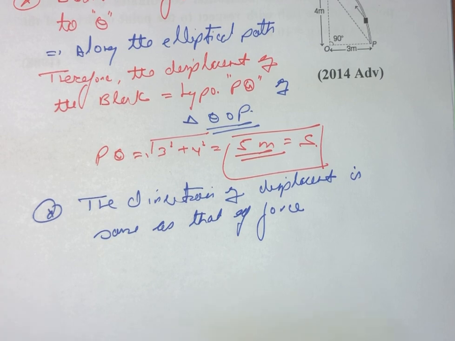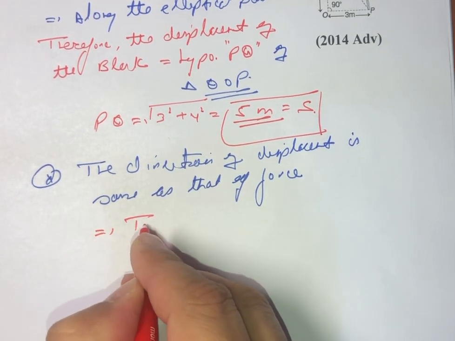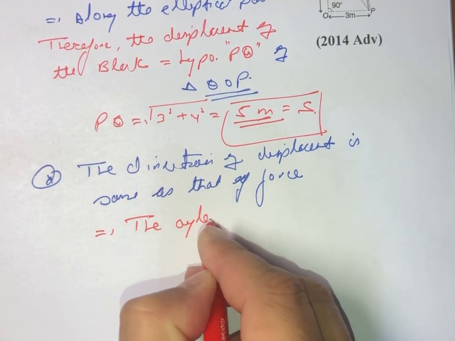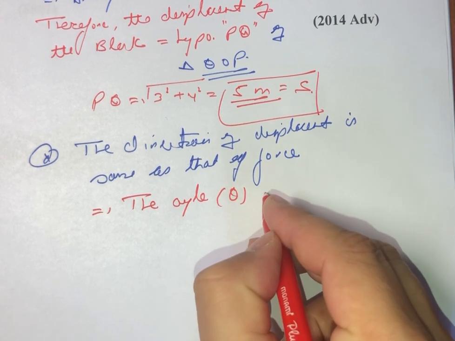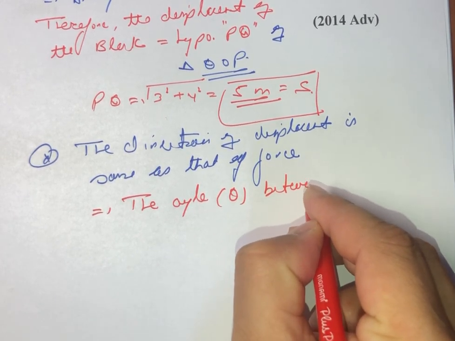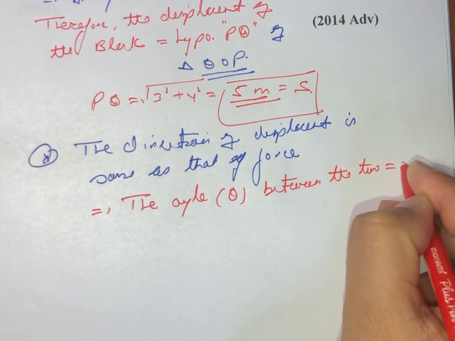Therefore, the angle between them will be equal to 0. The angle, let us suppose theta, between the two is equal to 0.